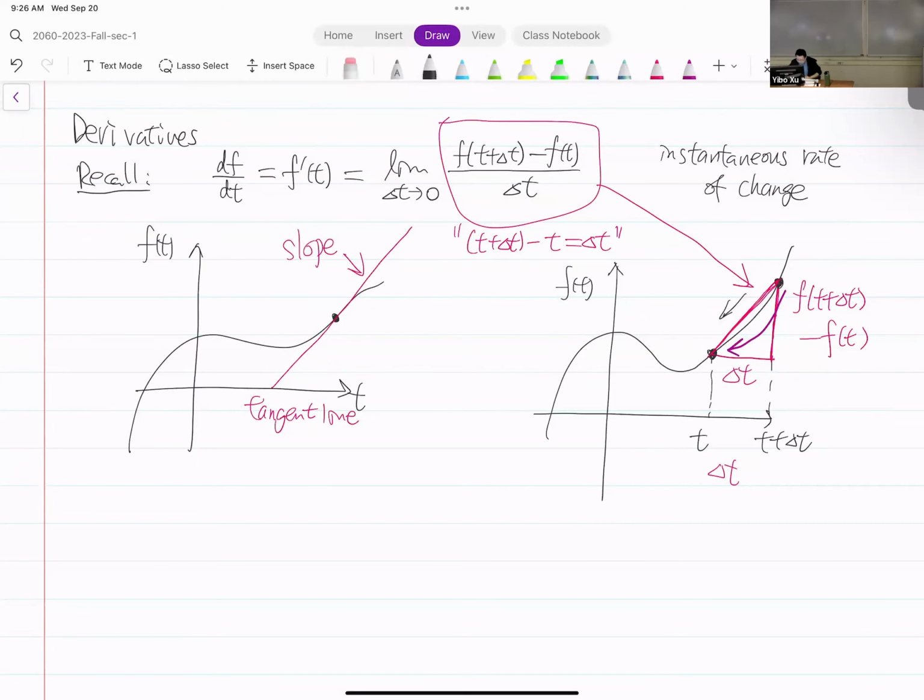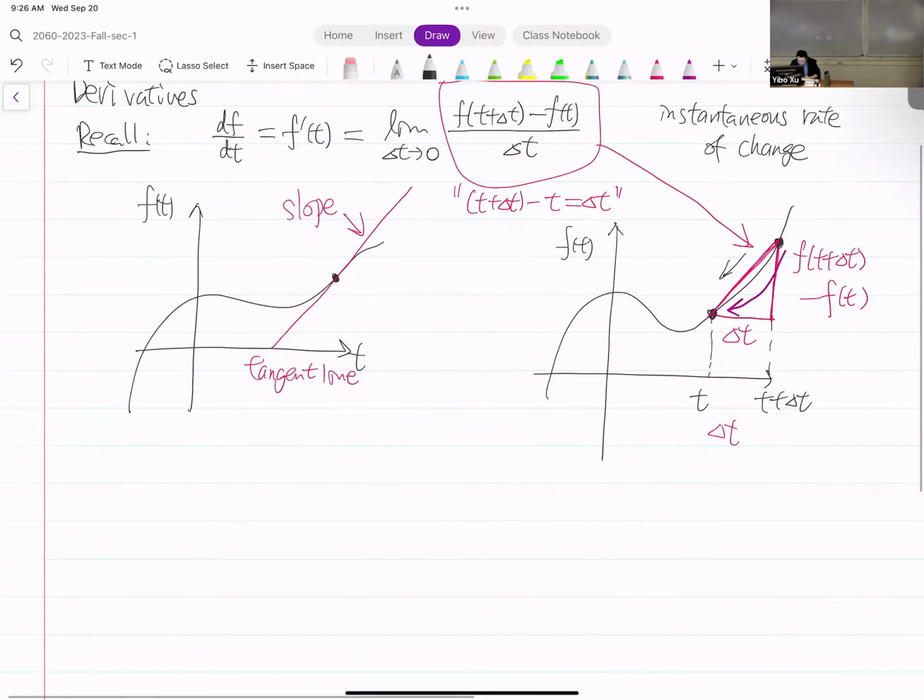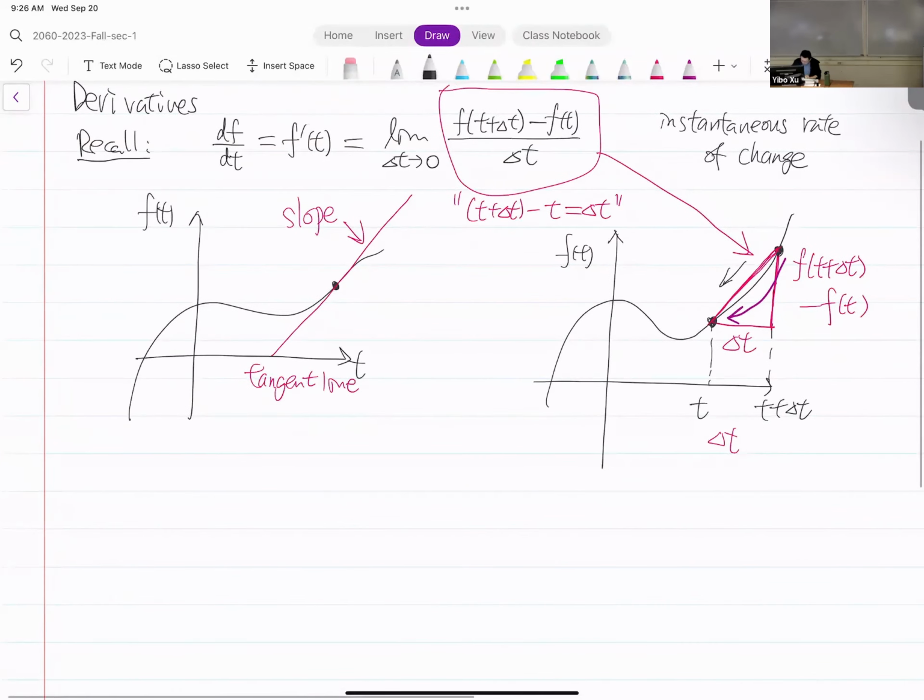Okay, now what happens if we are looking at a vector function? So just notice, it's a little bit different, because the derivative f prime is actually the slope of the tangent that we're looking at, which is the slope of this line, right? And that's geometrically speaking not so straightforward. So we were using the secants.